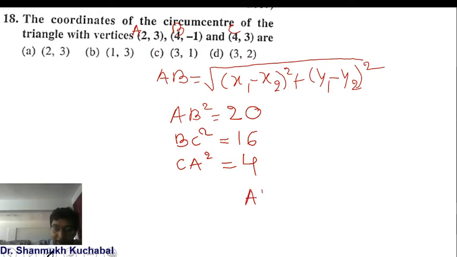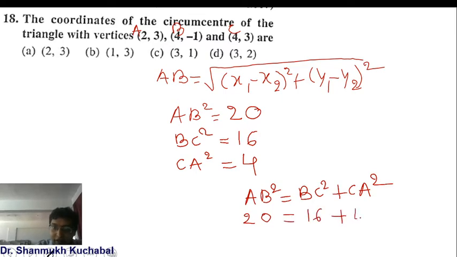So AB² should equal the sum of the remaining two sides squared, BC² + CA². AB² is 20, BC² is 16 and CA² is 4. 16 plus 4 is 20, so 20 equals 20. Verification is done, so it is a right angled triangle.